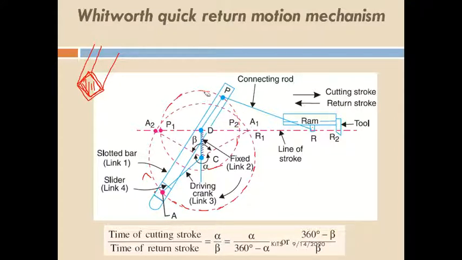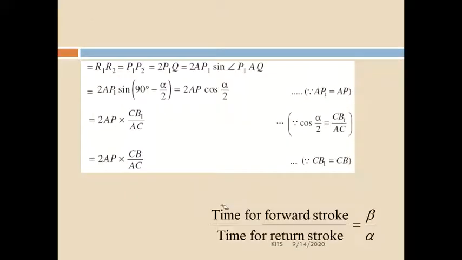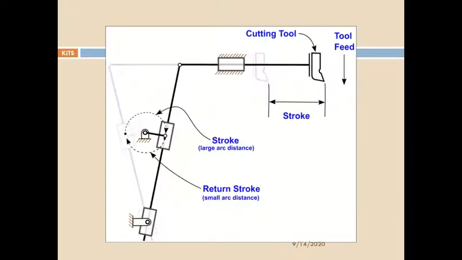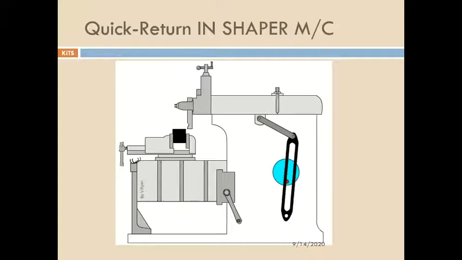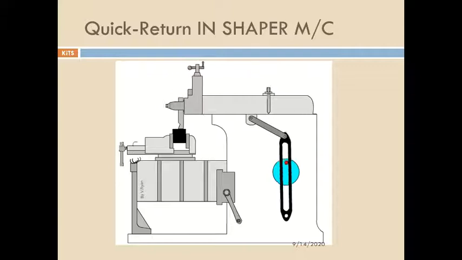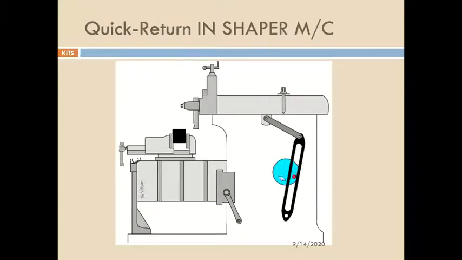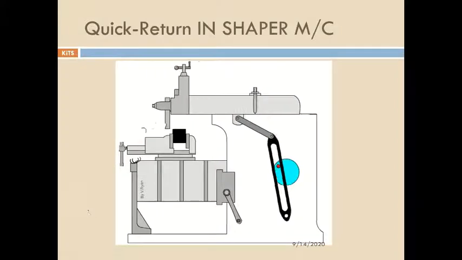I will show you one more animation. This is one more example for the Whitworth quick return mechanism. So this is how it is working.